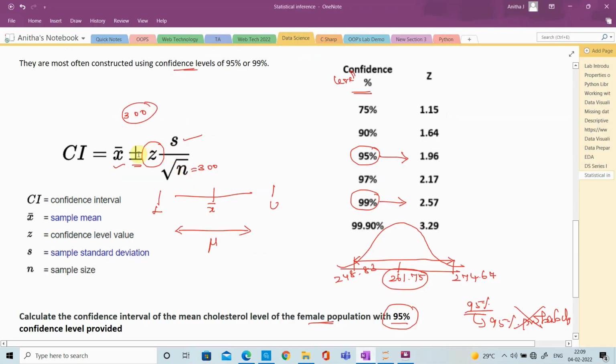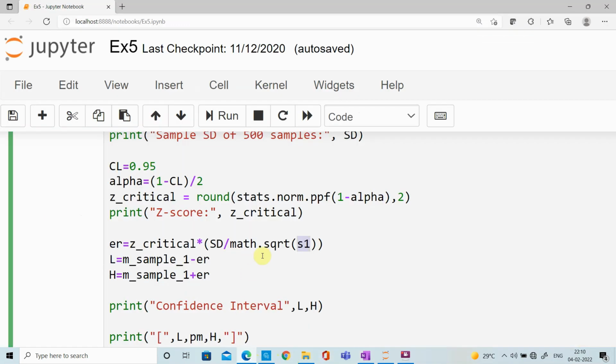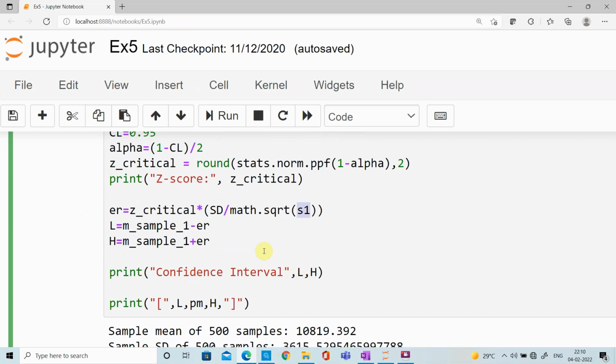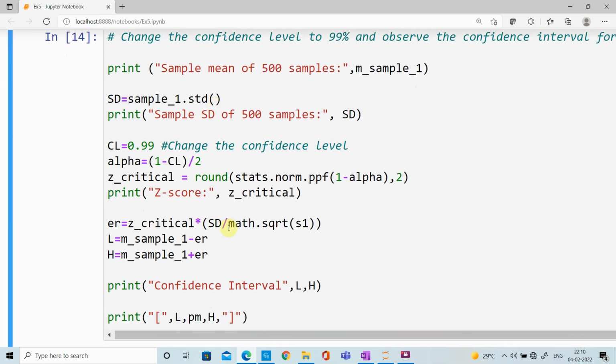That is the standard error. It is calculated, and from the sample mean it gets subtracted for the lower limit and added for the upper limit. So we got a confidence interval, and we are going to check whether our population mean lies within this confidence interval. So we run it and check.